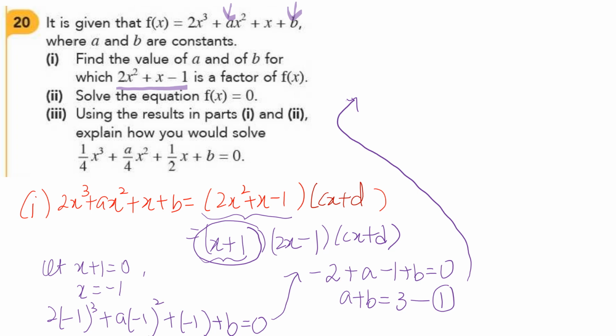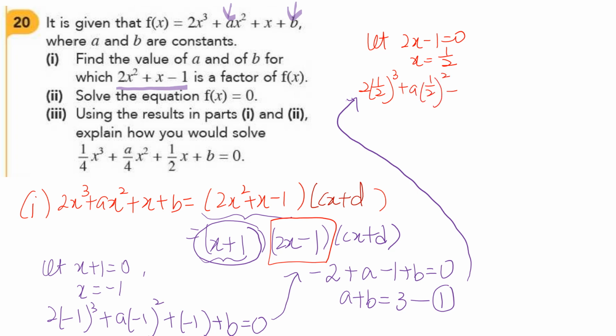Follow the arrow. So the next thing is that I'm going to let the second linear factor to be equal to 0. So I'm going to substitute x to be half on both sides. Right hand side will be all gone, wiped out.